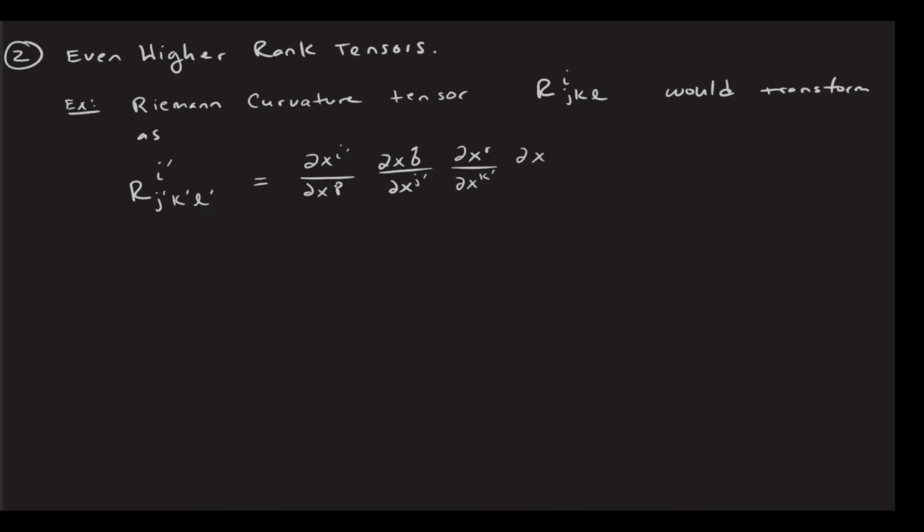So there's a quadruple sum happening on the right hand side, but we don't have to write out all that because we know the Einstein summation is kicking in. But technically there's a quadruple sum happening on the right hand side.